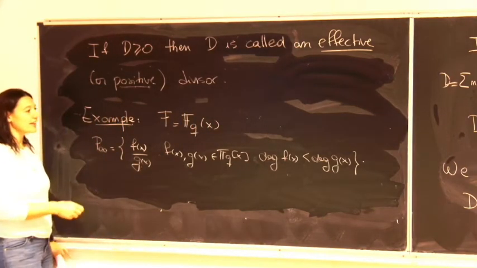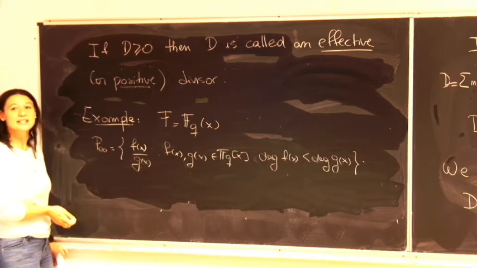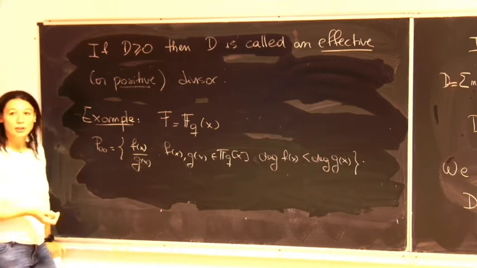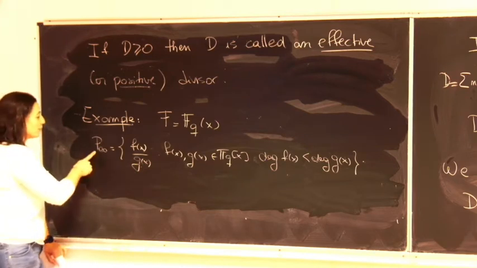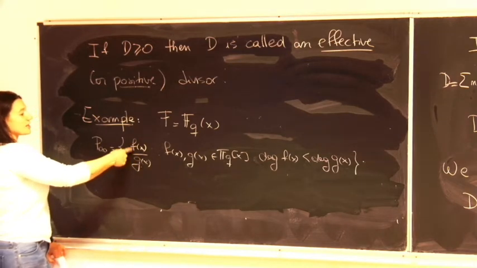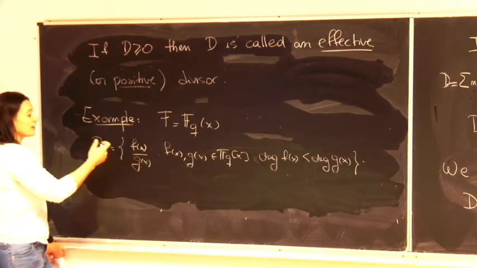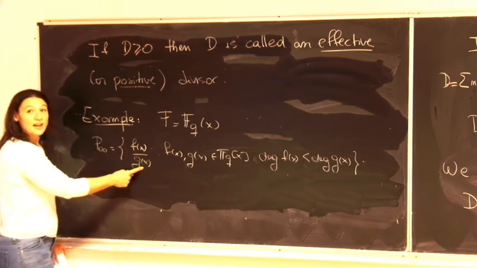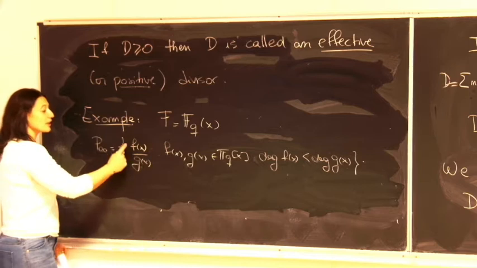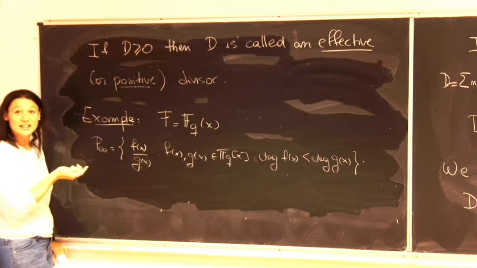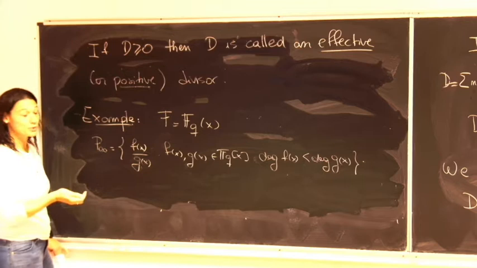We also had other kinds of places that were associated to a monic irreducible polynomial P: the rational functions such that that polynomial does not divide the denominator, but divides the numerator. That was the other kind of places. If I pick a linear polynomial, it's going to be a monic irreducible one.